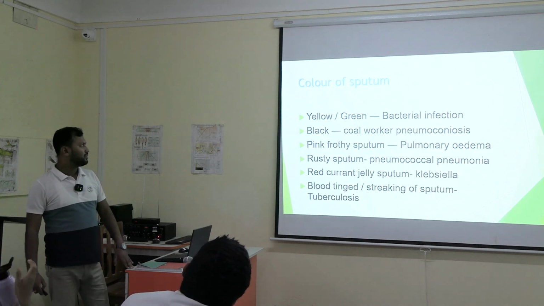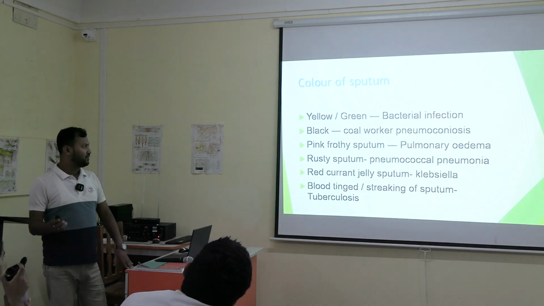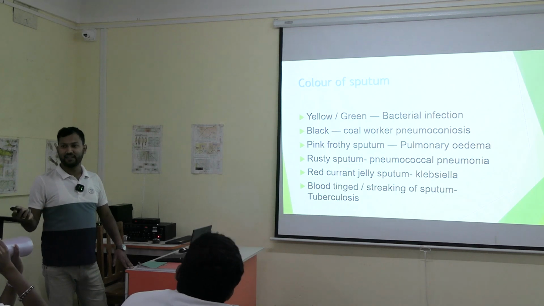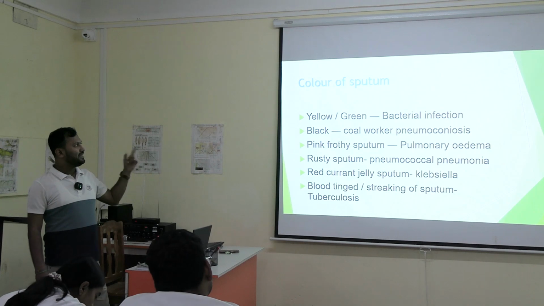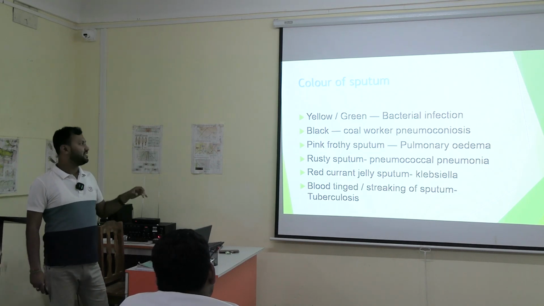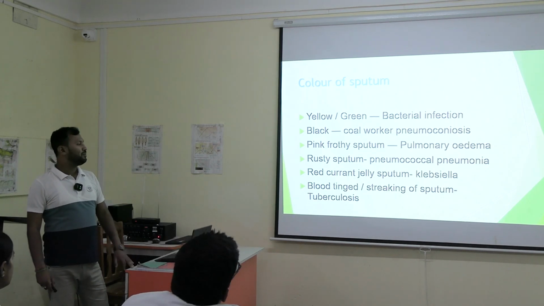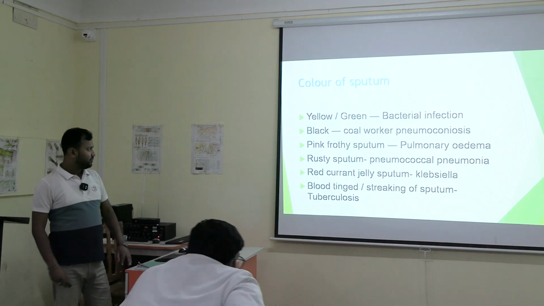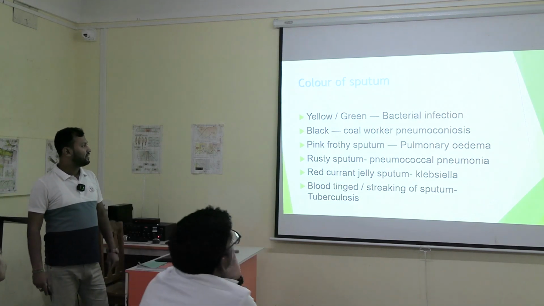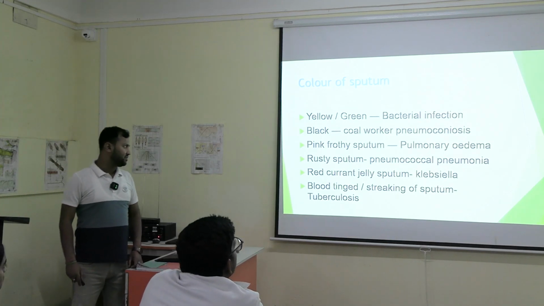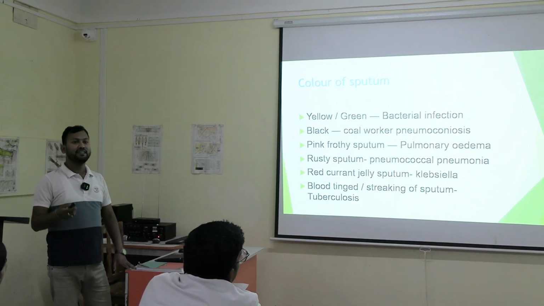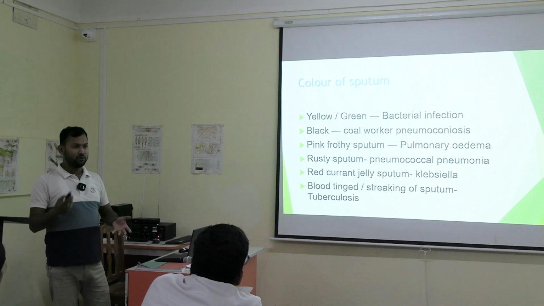Then the color of the sputum. I have already told you that the sputum might have different colors and different colors indicate different conditions. Like the sputum may be yellow or green. In these cases, it will most likely be due to a bacterial infection. Then the sputum may be black, in coal worker's pneumoconiosis, because coal workers ingest a lot of coal while breathing.